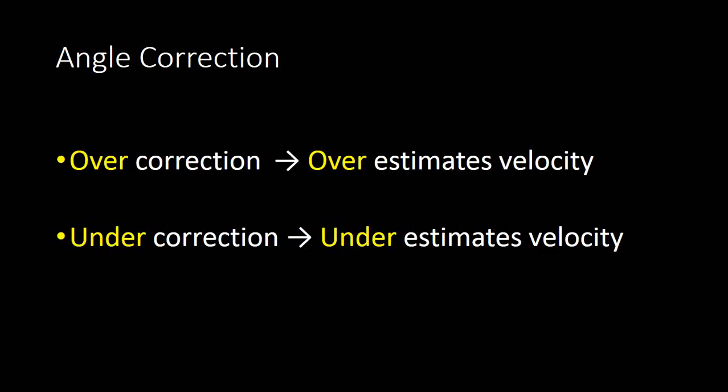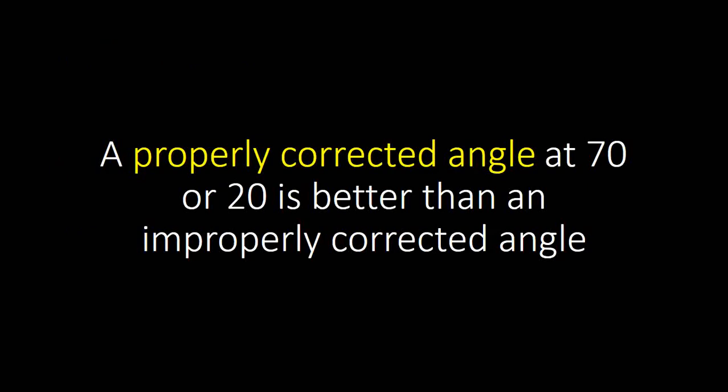Now, if you overcorrect, meaning your angle of inclination is 45 and you correct it to 60, remember, you are overestimating the velocity. If you undercorrect, meaning your angle of inclination is really 60, but you put an angle correction of 45, you are going to underestimate your velocity.